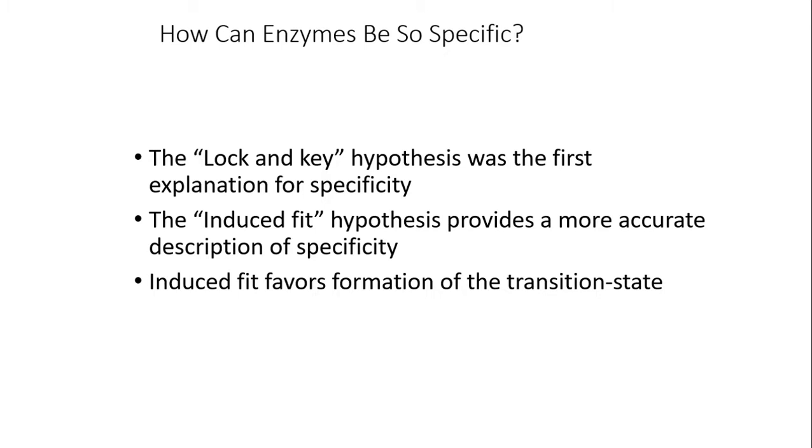In this model, the enzyme has a rather flexible structure, and the active site is continually reshaped by interactions with the substrate. So the conformational change in the site stabilizes that enzyme-substrate complex. So induced fit is more highly recognized or believed today.